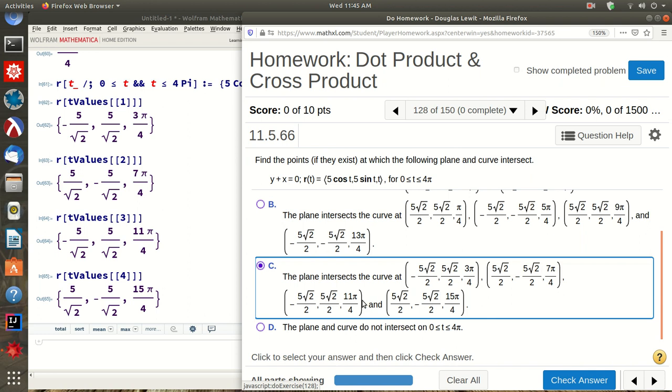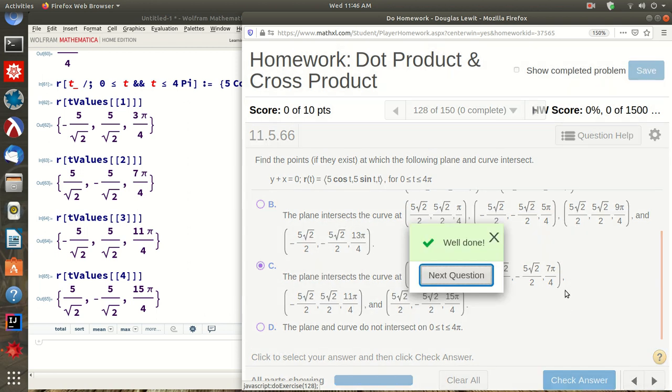Okay, hold on 1 second. Negative 5 square root of 2 over 2, 11 pi over 4, and this is 5. Yeah, so you know what? It's going to be C. Okay. And really, I don't think that was too hard, right? That was not terribly difficult. I don't think that was so bad.